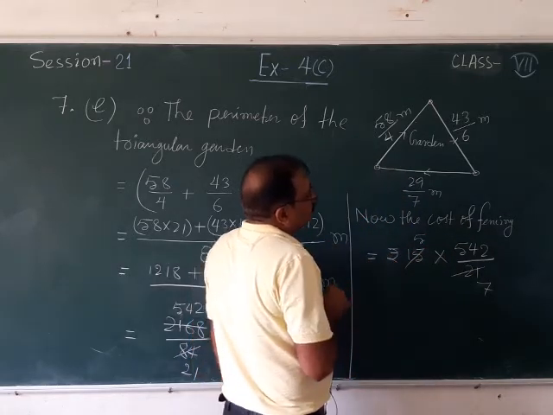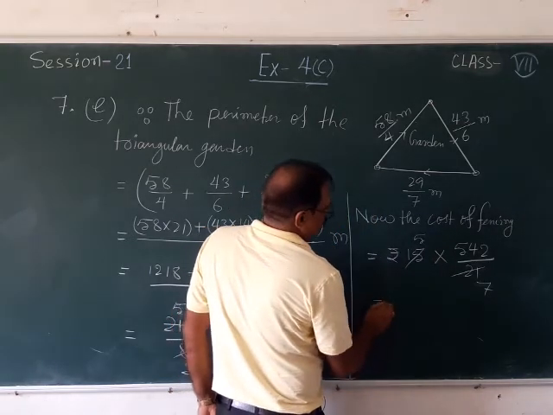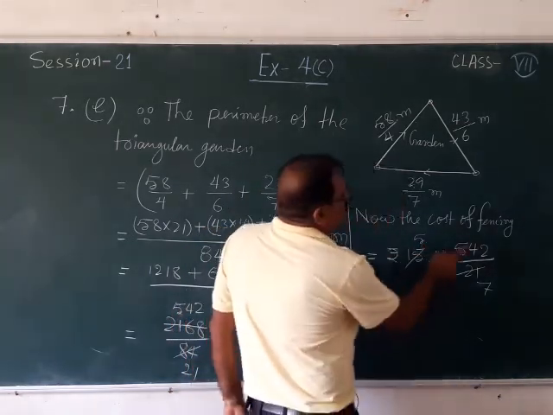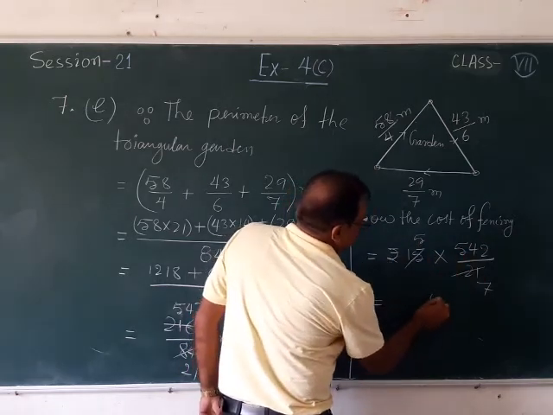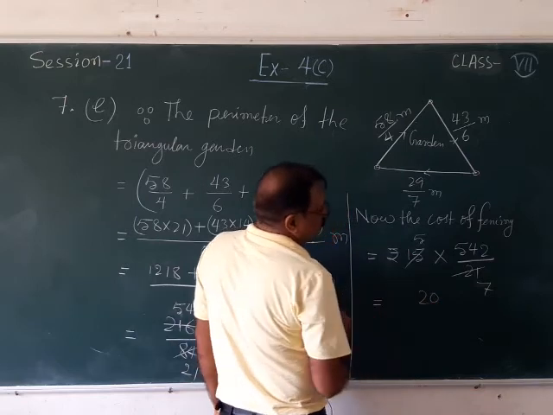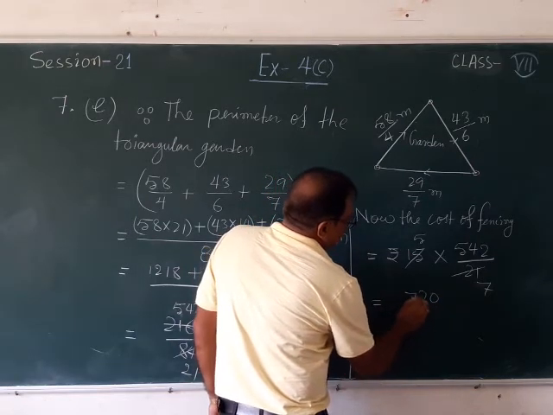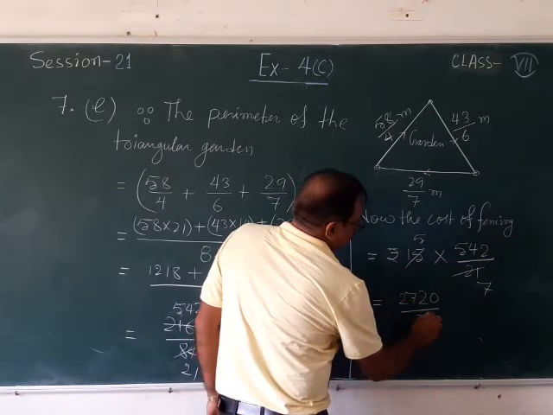Now you cannot cancel this number, so just you multiply it. 542 into 5, 5 2 are 10, 0 carry 2, 5 4 are 20 and 2 22, 2 carry 2 and 5 5 are 25 and 2 27 and upon 7.